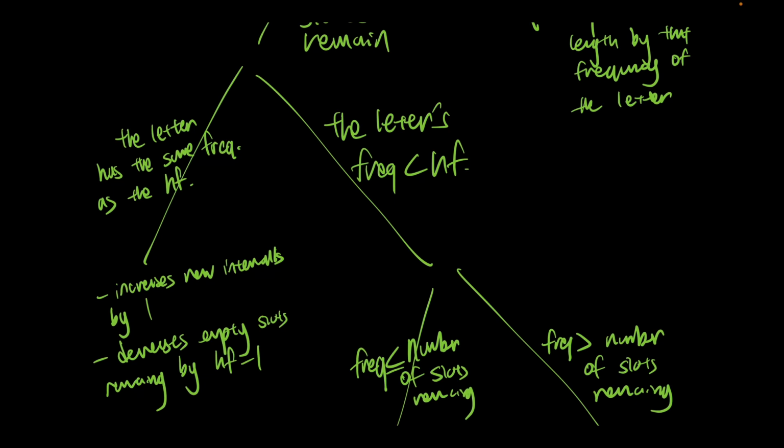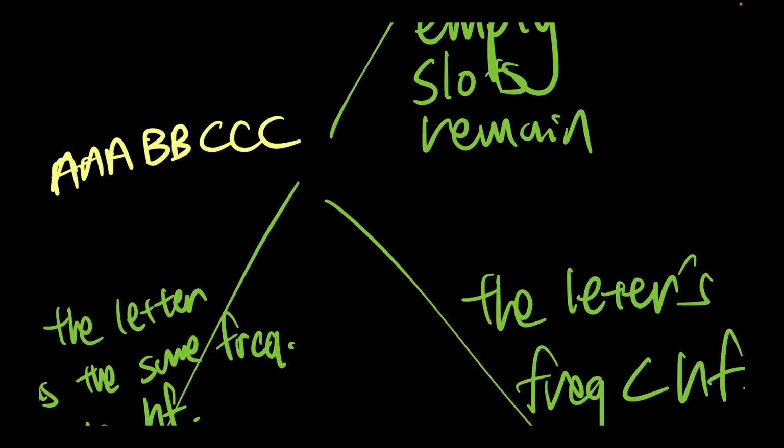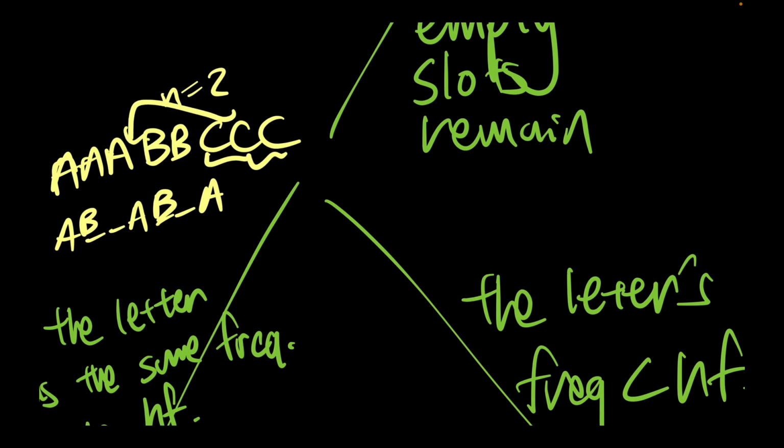For example, it can't be the case that you have something like A, B, B, and then C, C, C. This does not happen. You cannot have A, and let's say n equals 2, A, and then B just fills in partially, because we mandated that the highest frequencies come first. So C, C, C must have come first, meaning it must have filled in this way.